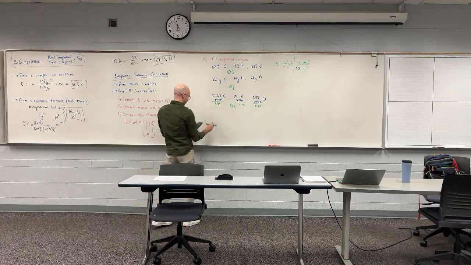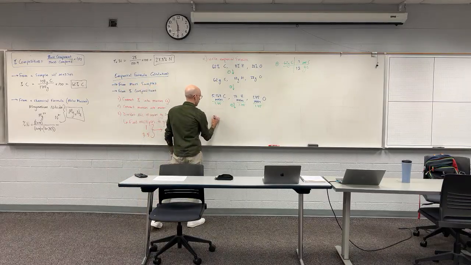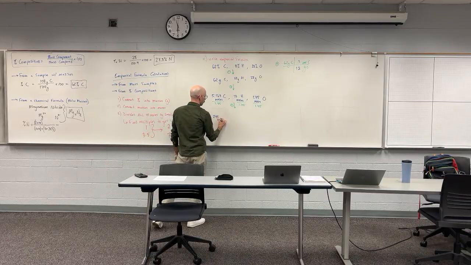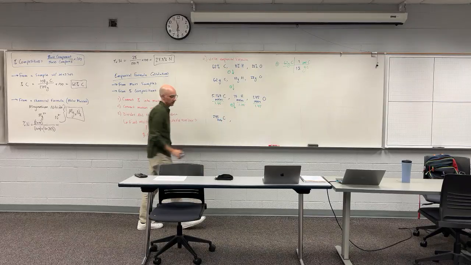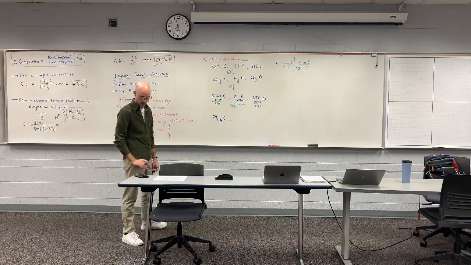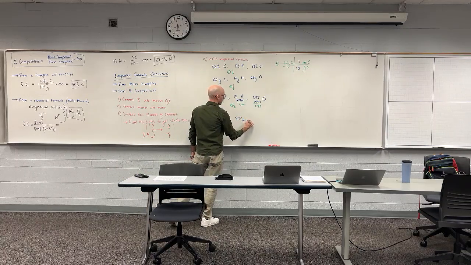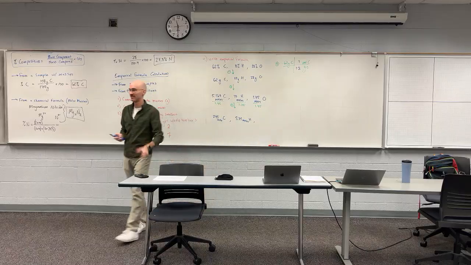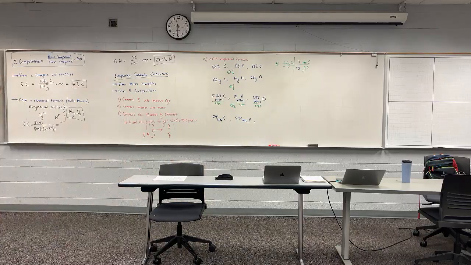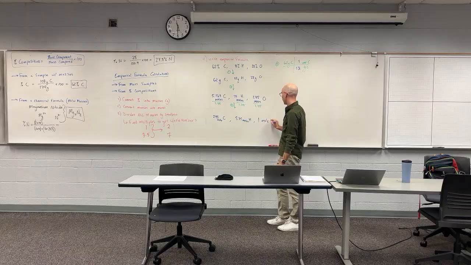Out front, I get 2.95 moles of carbon. .71 moles of H. You guys okay? You're getting the same numbers or you're getting different numbers? Okay. And 1 mole of O.